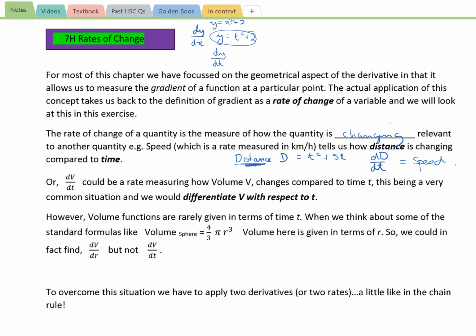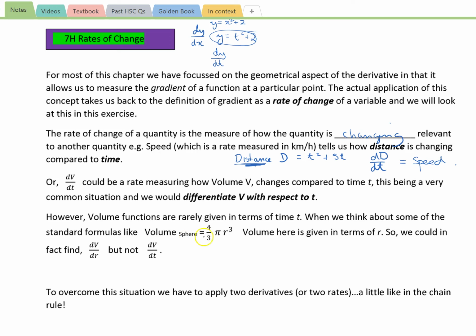If we think about the volume, however, it is rarely measured in terms of time. But it may be really critical to our investigation that we're measuring the volume with respect to time.